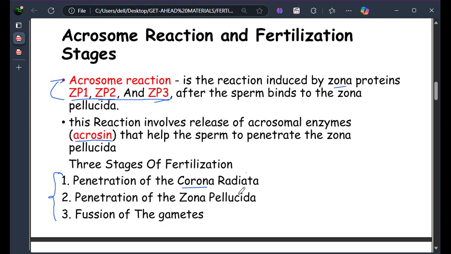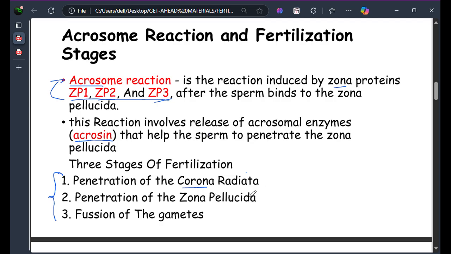Let me just make this clear. Once the sperm binds to the zona pellucida, you call that the acrosome reaction. Binding of the sperm to the zona pellucida is inducing this reaction.